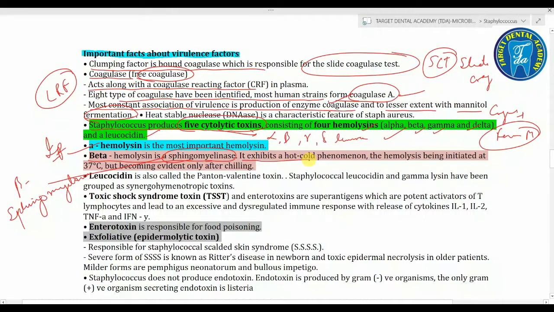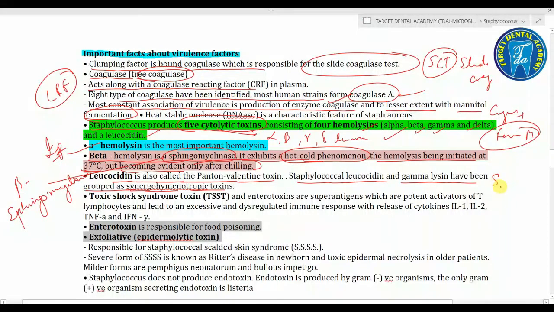So it exhibits a hot-cold phenomenon, the hemolysis being initiated at 37 degrees Celsius but becoming evident only after chilling. The leukocidin is also called the Panton-Valentine toxin.